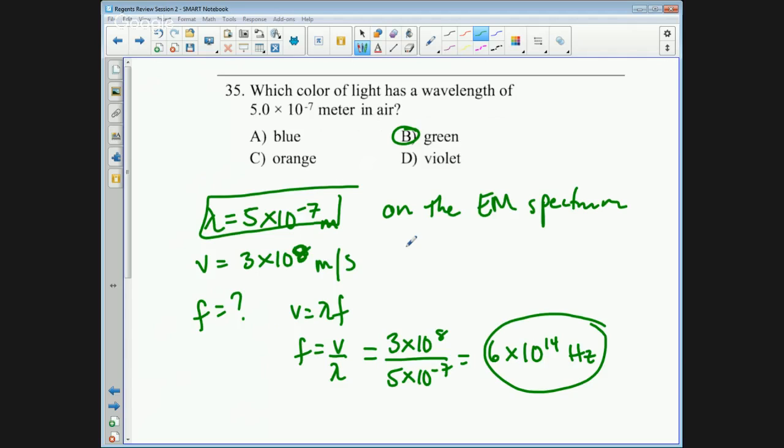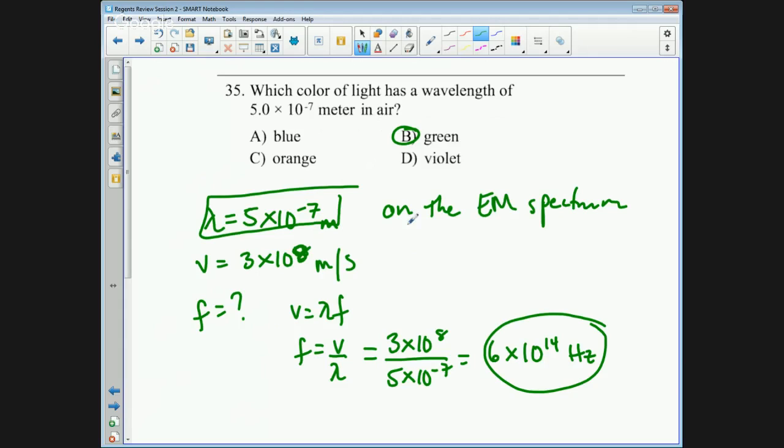When we want to figure out what type of color, what specific wave we want to look at, you want to use usually the wavelength and the frequency together. So if we looked at the wavelength only, that would be times 10 to the negative 7. Times 10 to the negative 7 would be ultraviolet, right?